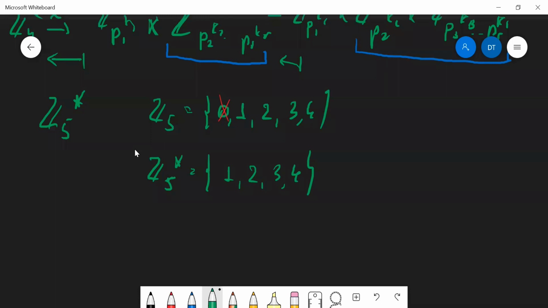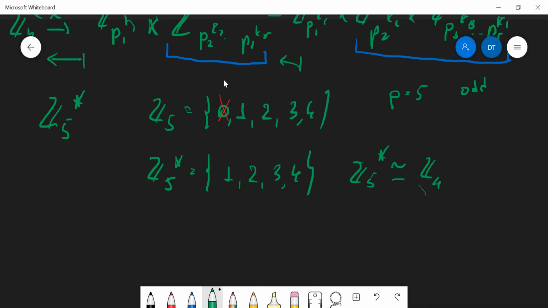The general result says that you may find an isomorphism with Z4. Here your prime number p is 5. It's odd, so this group must be cyclic. And what is the order of the cyclic group?